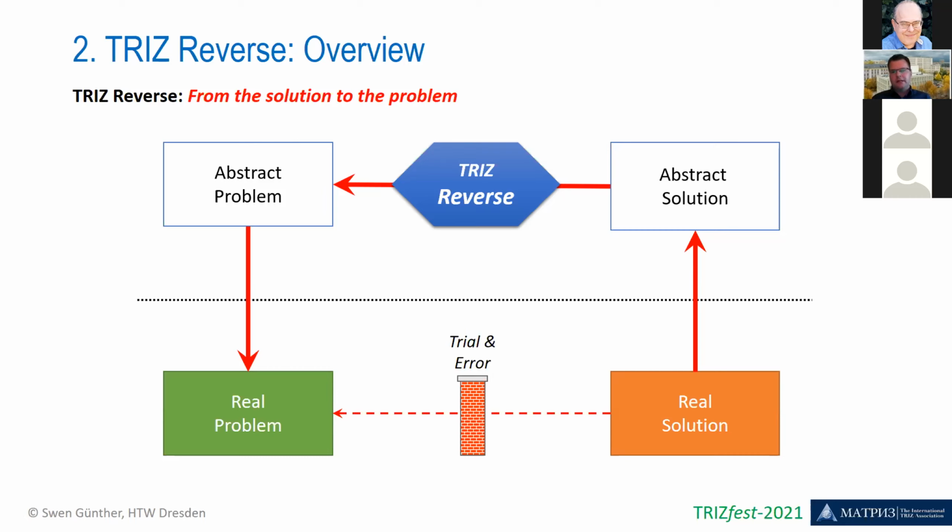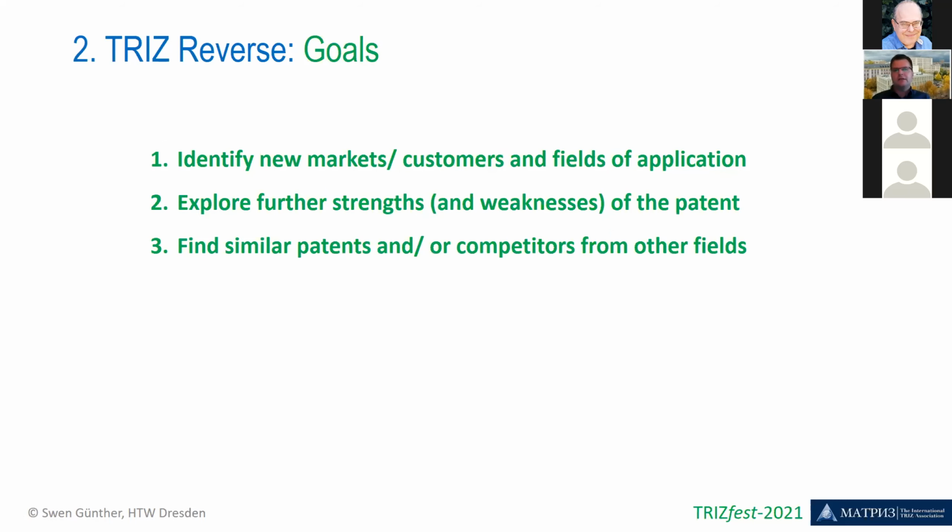And here the approach is to find new markets. That means at the end new problems where the patent could be applied or where the new technology could be applied. So here you see the main three goals of the TRIZreverse approach.